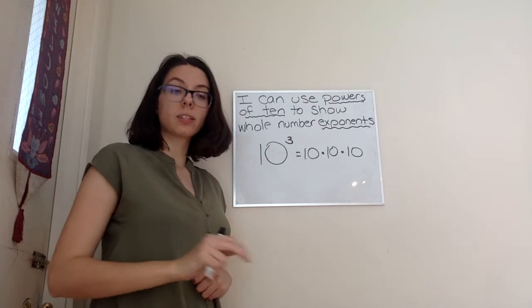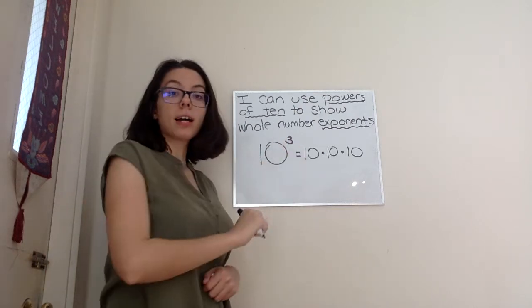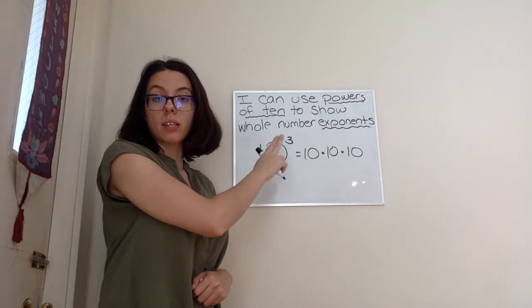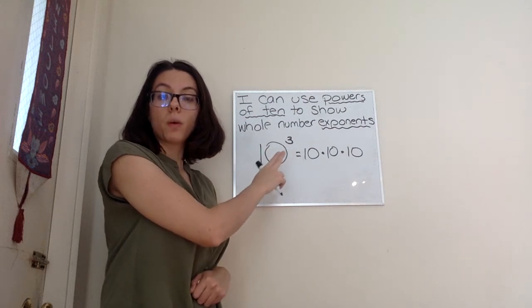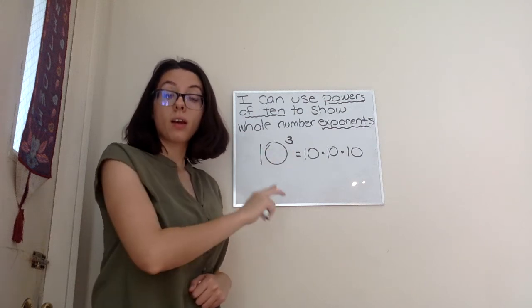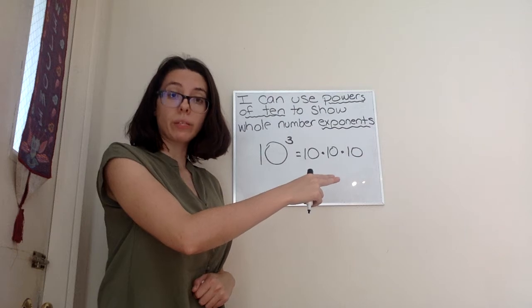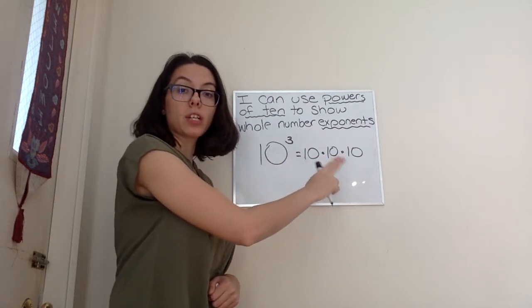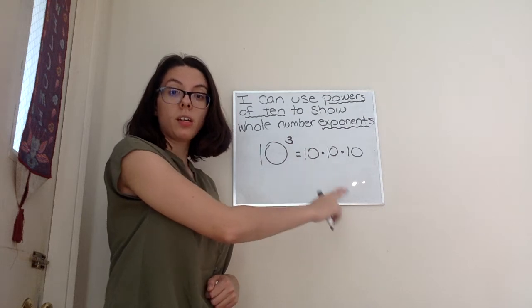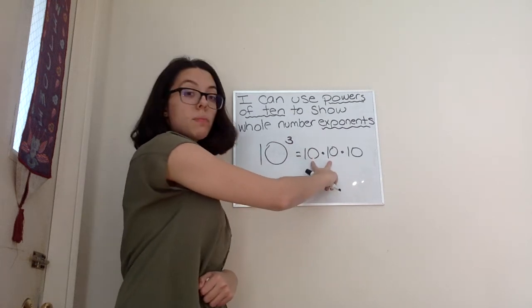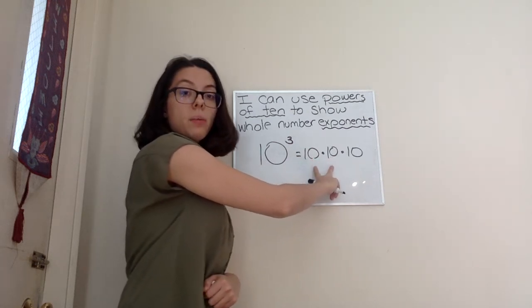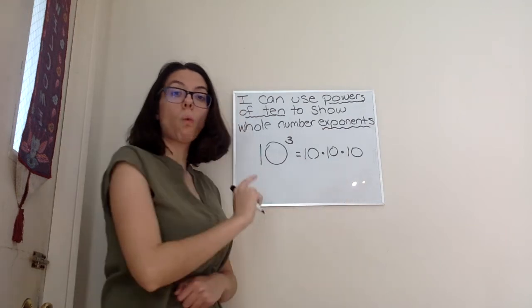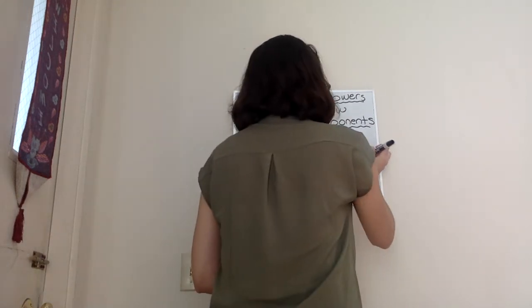This is not correct. This 3 does not tell us that we're doing 10 times 3. This 3 tells us we are multiplying 10 by itself 3 times. Okay? So this is repeated multiplication, not addition. So if we do that, 10 times 10 is 100. And then 100 times 10 would be 1,000.